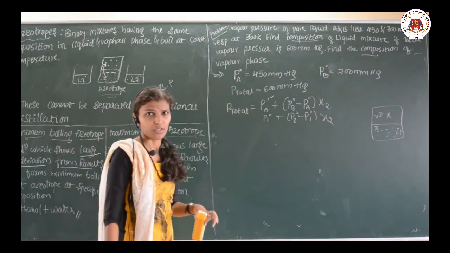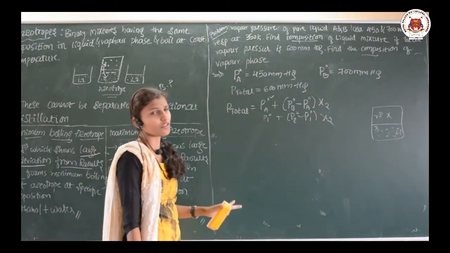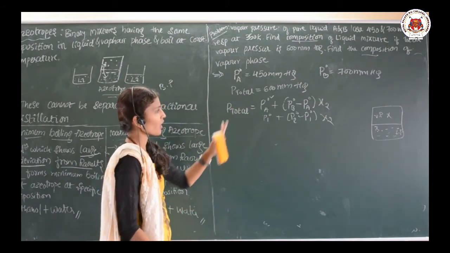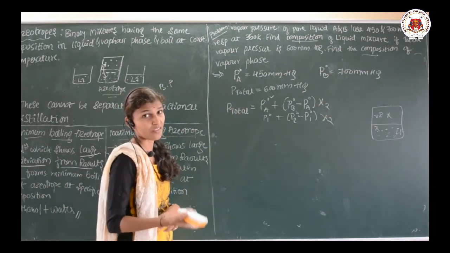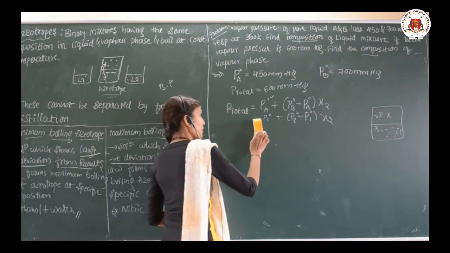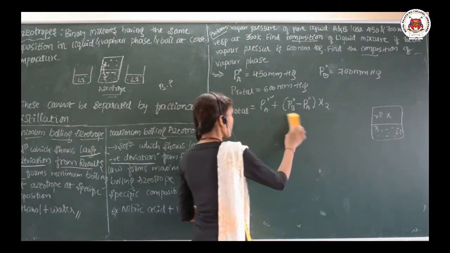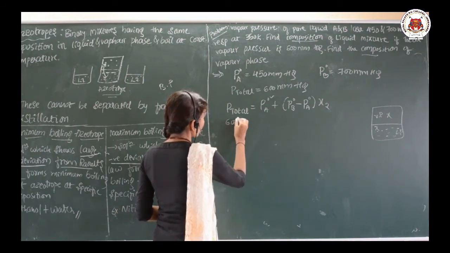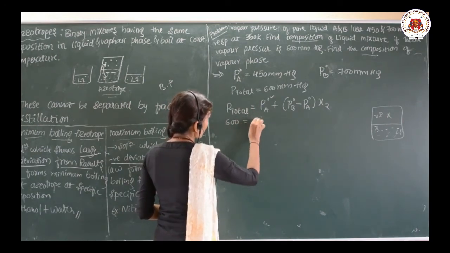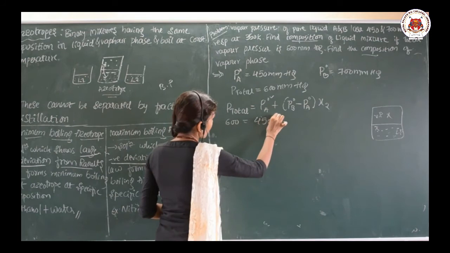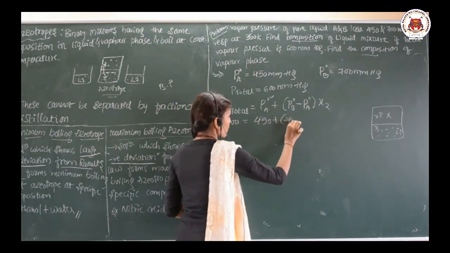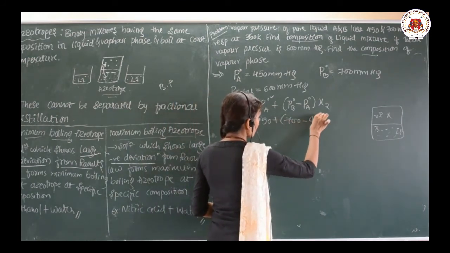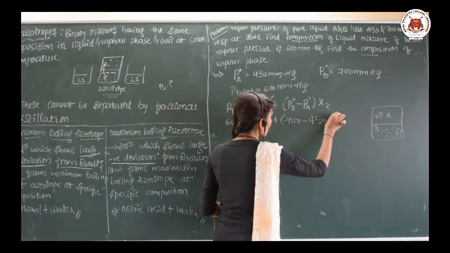If it is convenient, you can use this also, no problem. As they have given A and B, that is why I used the terms A and B. So we have the P total value 600 equals PA naught value 450 plus (PB naught 700 minus 450) into X2.